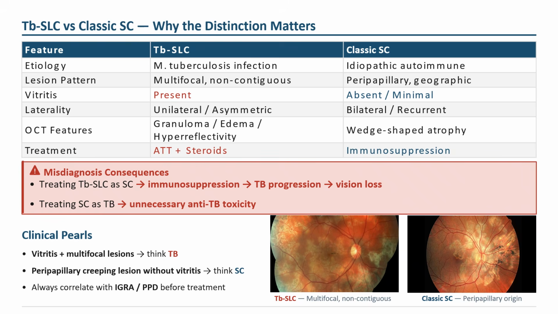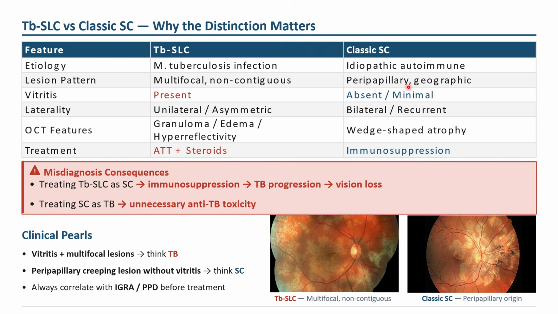Here is a summary of the differences between the tuberculous serpiginous-like choroiditis and the classical variety. This is a very important postgraduate question, and you should be able to answer it. First of all, as far as the etiology, the tuberculous variety is due to Mycobacterium infection, and the classical variety is an autoimmune idiopathic cause. The pattern, as I said, in the tuberculous variety is usually multifocal and non-contiguous.